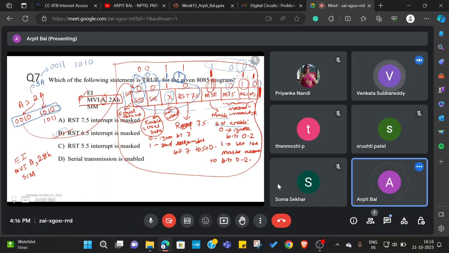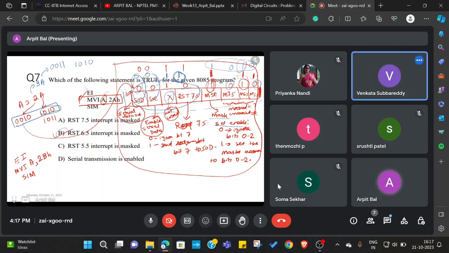In addition to that, the value of 6.5 is masked.